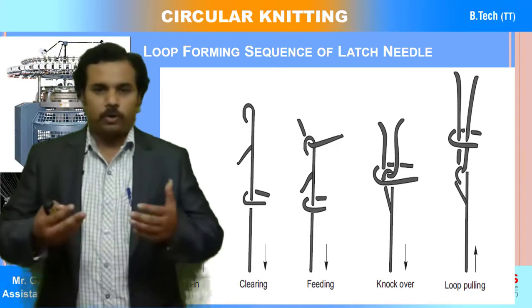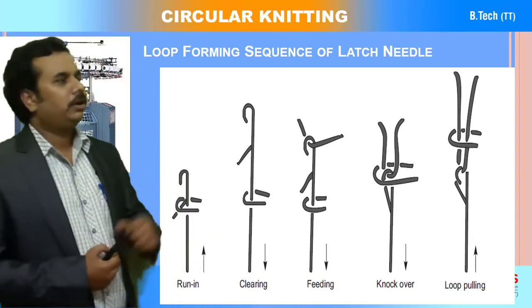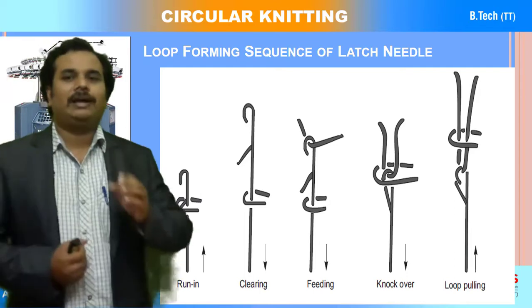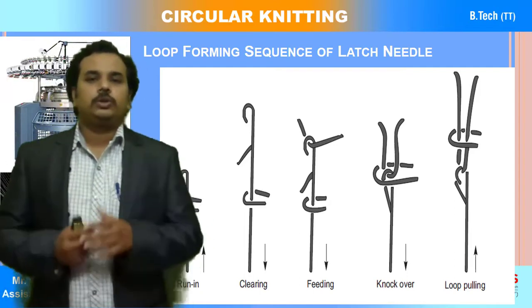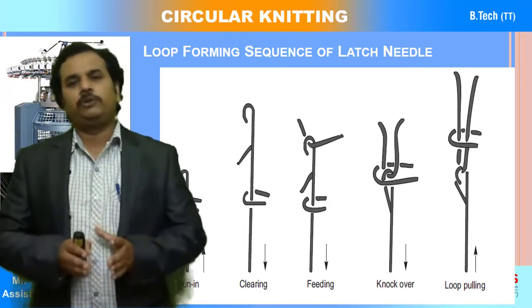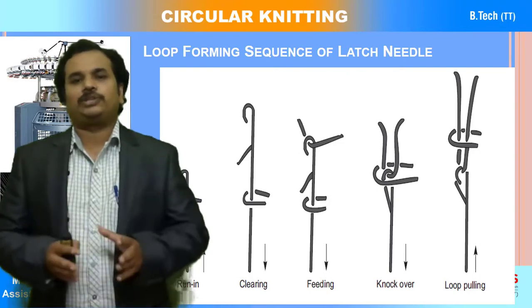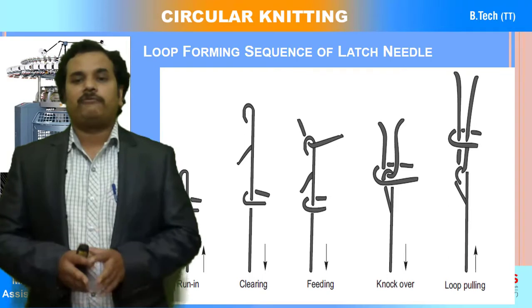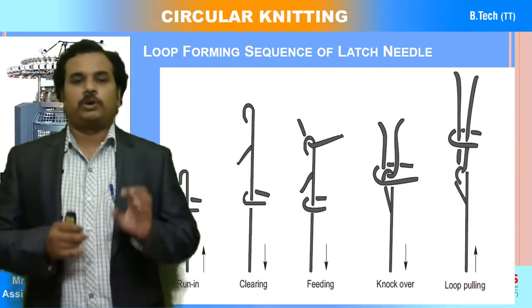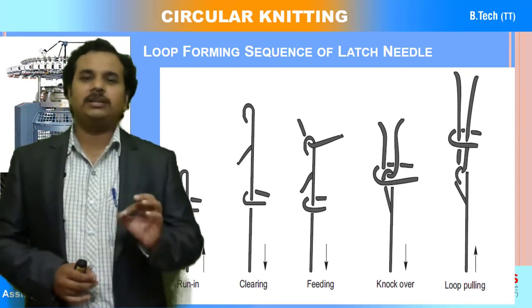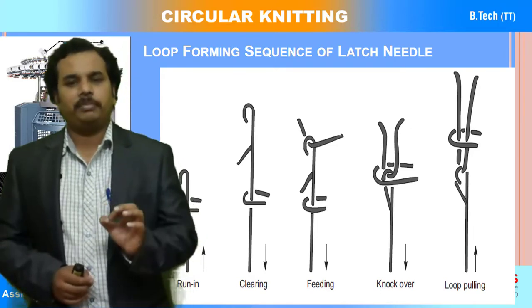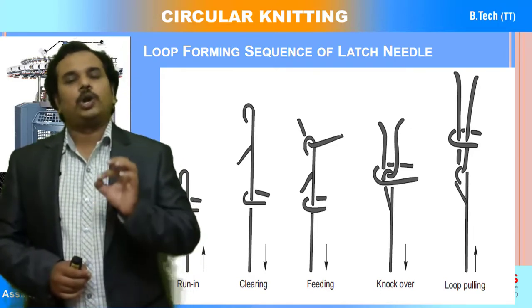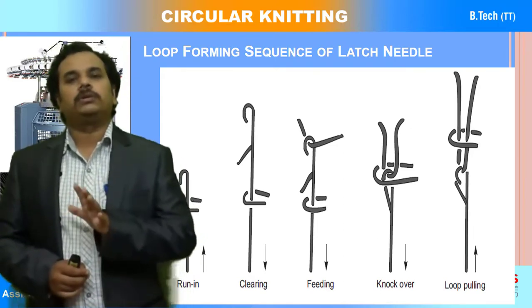Now we will see the loop formation sequence of the latch needle. This sequence consists of 5 different steps. The first step is running, then clearing, feeding, knocking over, and loop.